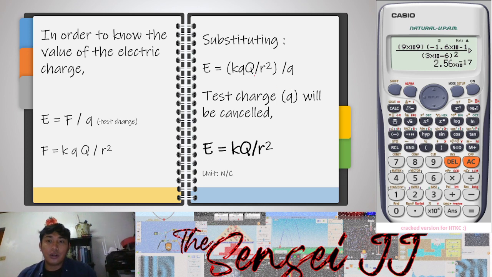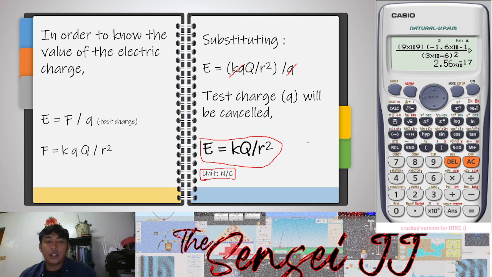As you can see in here, we can cancel our test charge. If we cancel our test charge, we will be having a formula of our electric field of E is equivalent to kQ over r squared. And we will be having a unit of our electric field of newton per coulomb.